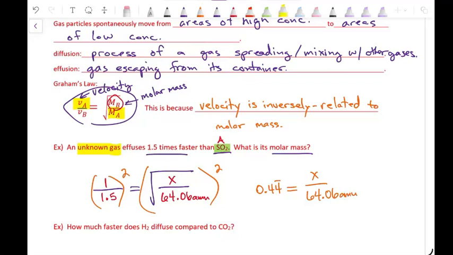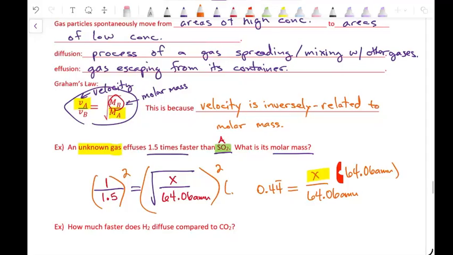And so now if I want to get x by itself, I just have to multiply both sides by 64.06 AMU. Okay, and that cancels my 64.06 on the right. And now I have x by itself. So x will be equal to 0.44 repeating times 64.06.